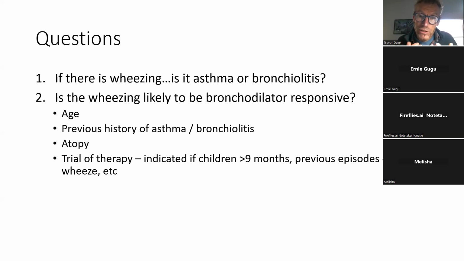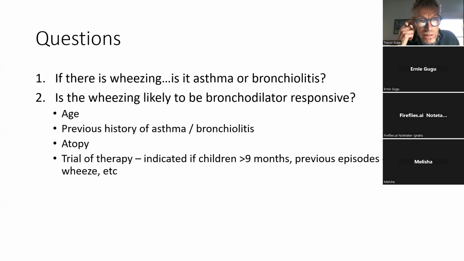But the question you can answer to yourself when you're with the child in a clinical sense is, is the wheezing likely to be bronchodilator responsive? In which case it's more likely to be like asthma. And so if a child's of a certain age, more than 9 months, if they've had a previous history of asthma or bronchiolitis, if a child's had multiple episodes of bronchiolitis, then they're quite likely to have bronchodilator responsive asthma.